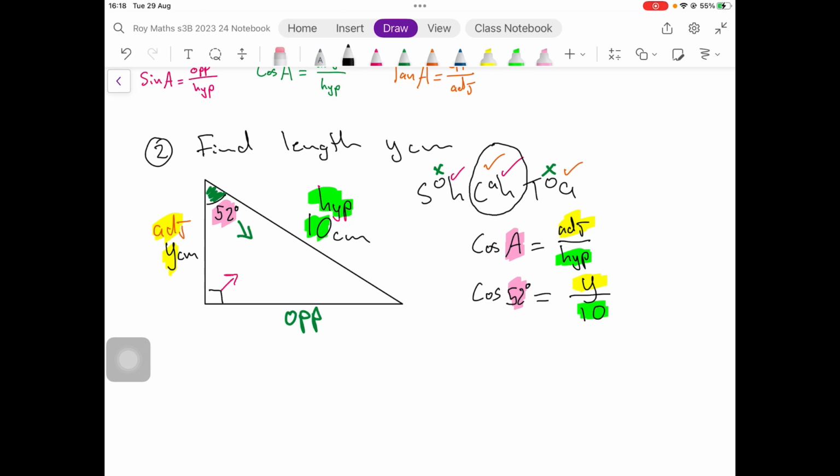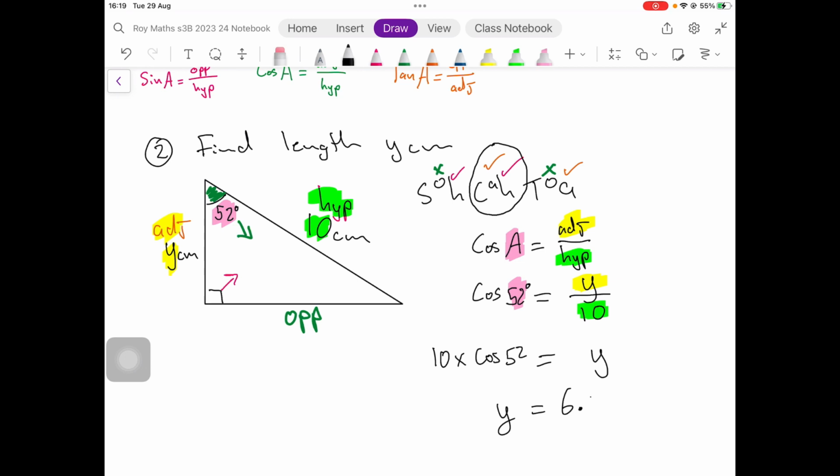We want to find what Y is. It's been divided by 10, so we times by 10. And now we've got Y on the right, so we times by 10 on the left. 10 times cos 52 equals Y. And we can simply type that into our calculator and hopefully find that Y is equal to 6.2.